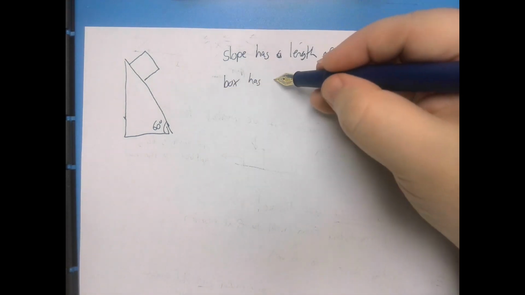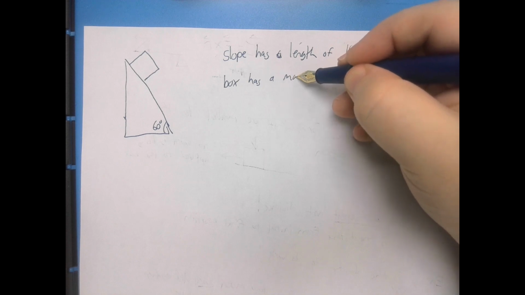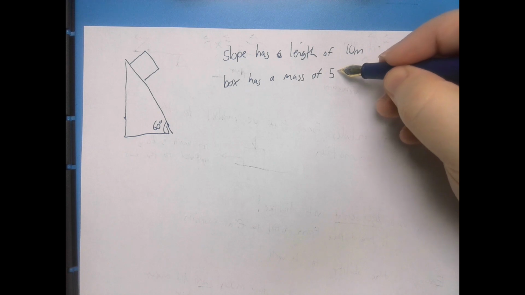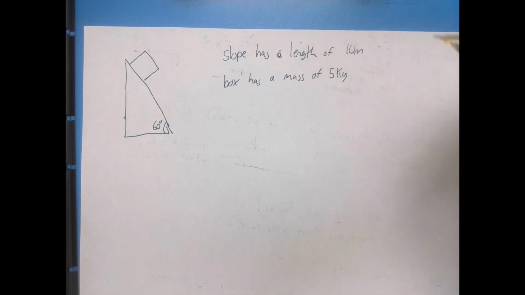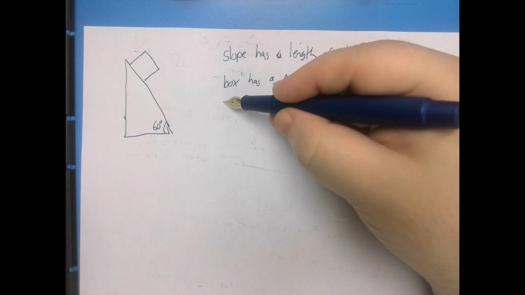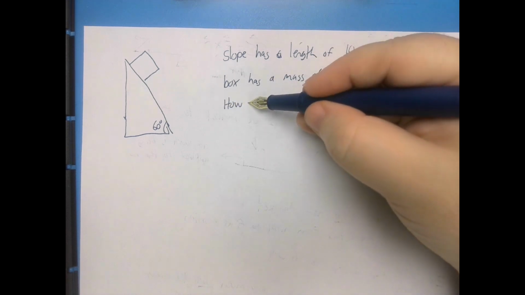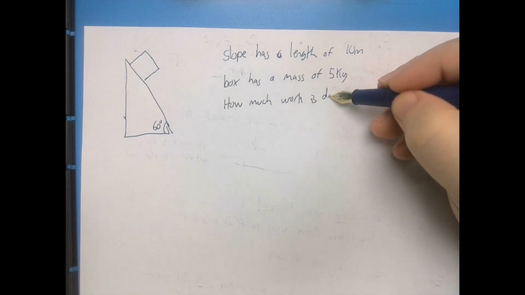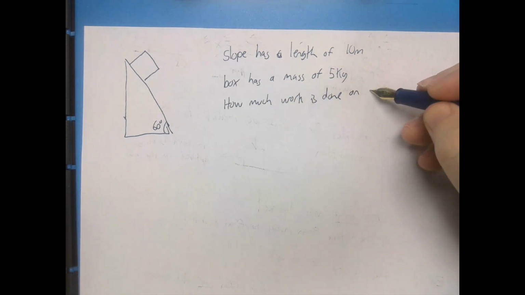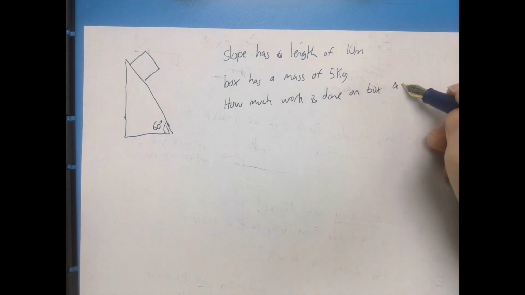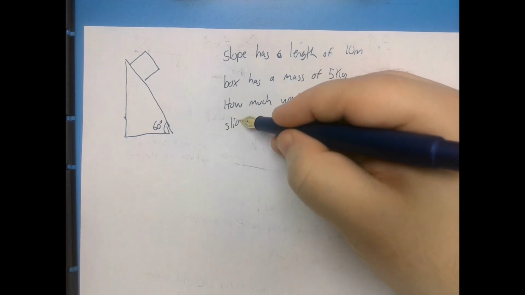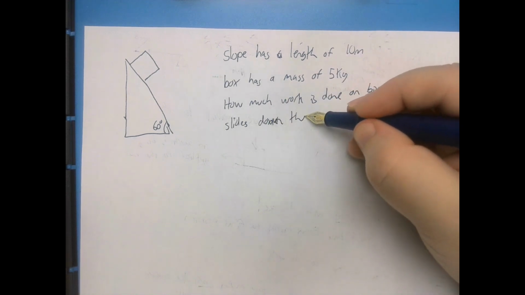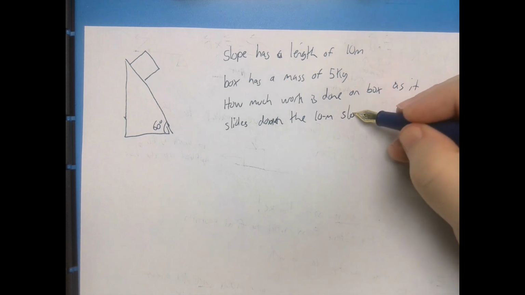Box has a mass of 5 kilograms. And the question is, how much work is done on the box as it slides down the 10-meter slope?